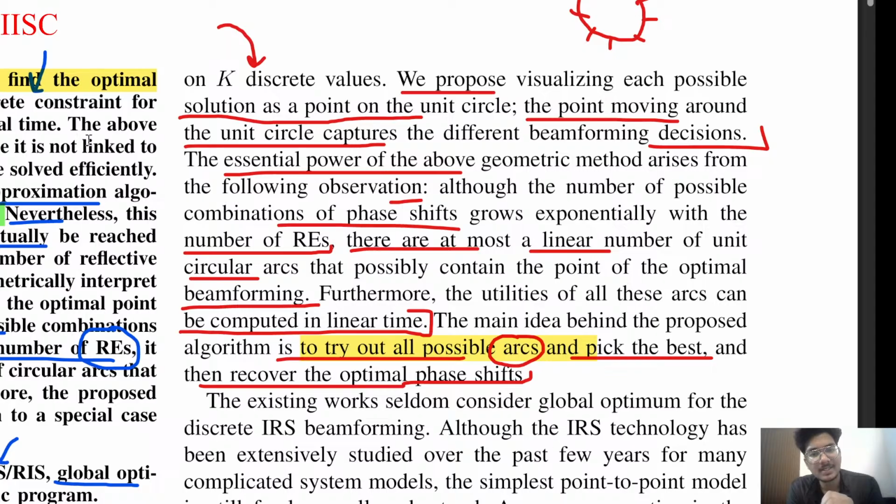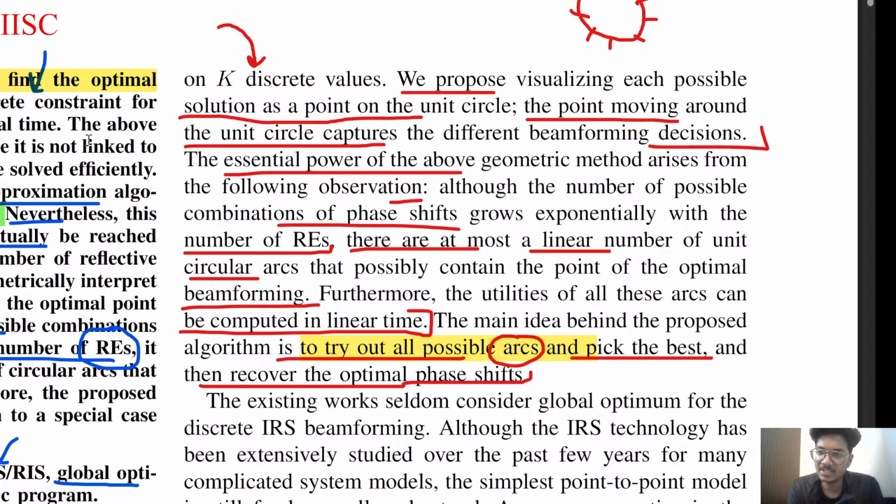The essential power of the geometric method arises because, as we see from our observation, all the possible combinations of phase shifts grow exponentially when we increase the number of reflective elements.